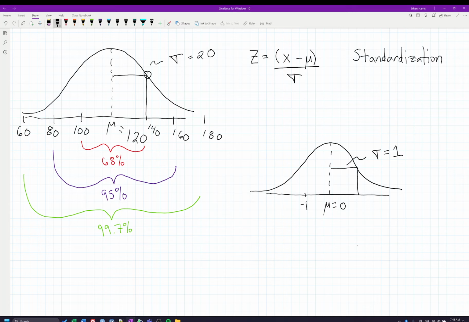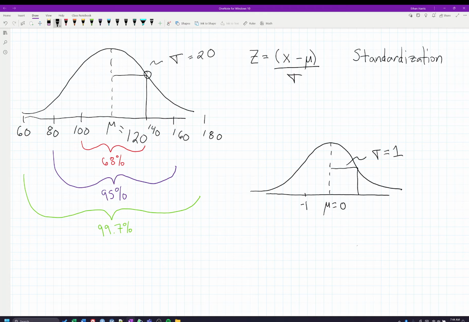So whenever we use this z equation, when we are converting our mean and our standard deviation and our observation into a z-score, we are converting from a specific normal distribution to our standardized normal distribution.